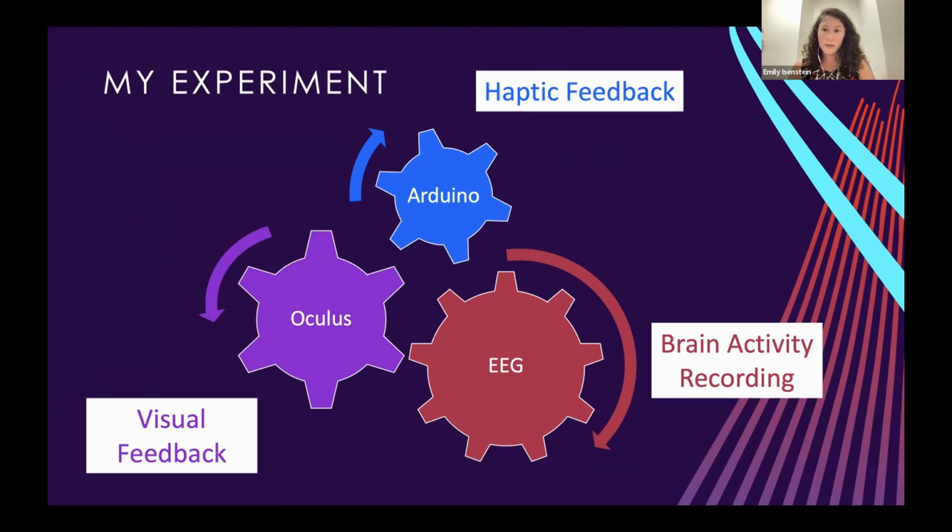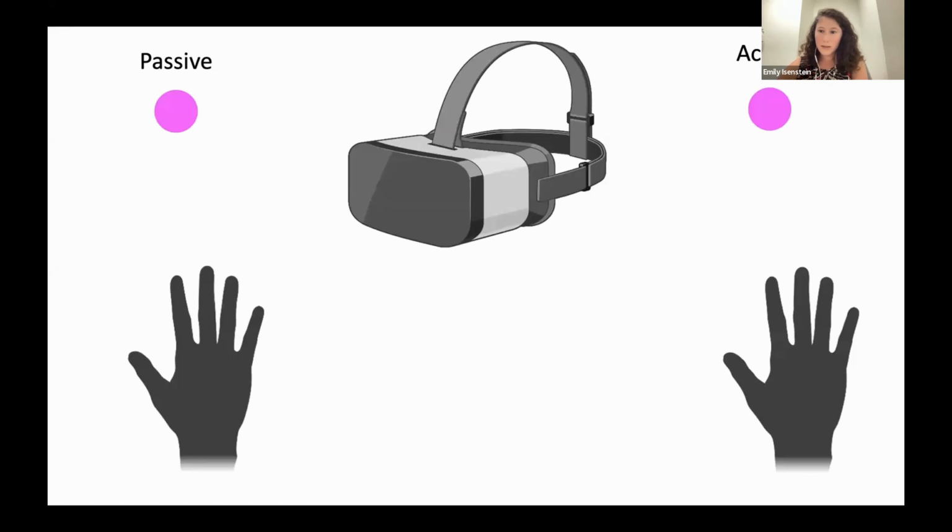And the third uses an Arduino microprocessor to provide haptic feedback that is then paired with the visual feedback to create the illusion that you're about to touch something, and then also provide the haptic feedback that you are actually touching something. Still, this is in a very tightly controlled situation that we can create in a very scientific way and record the brain activity during. So this is the basic structure of the task.